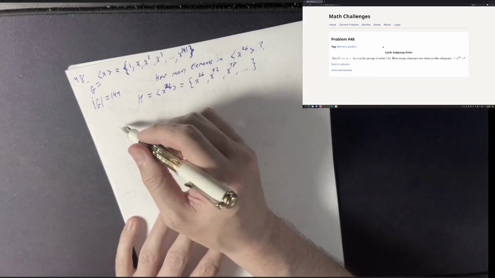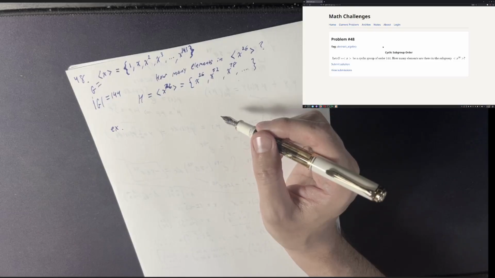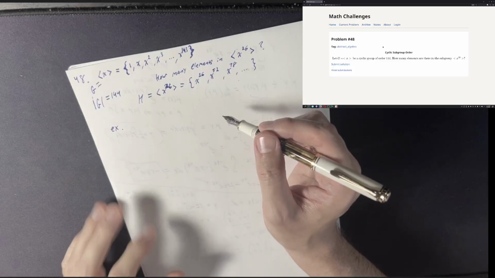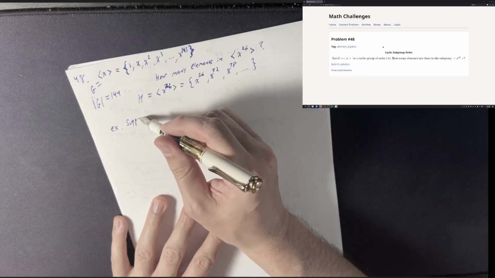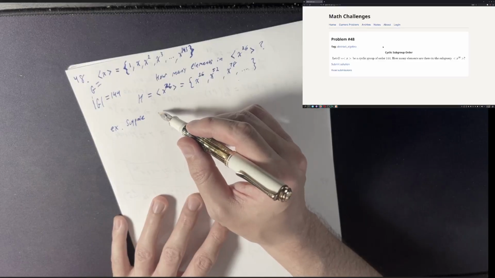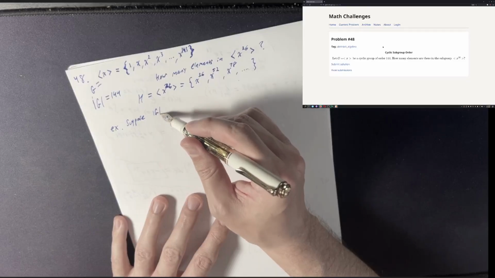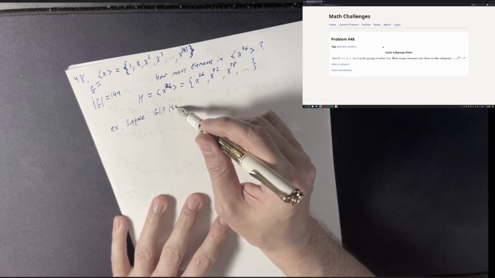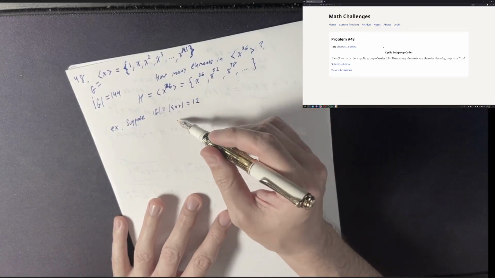I'm not the best at algebra, so I would probably try this and be here all day. But let's look at a smaller example. Some easy ones would be, suppose you had a cyclic group and its order was 12, right?